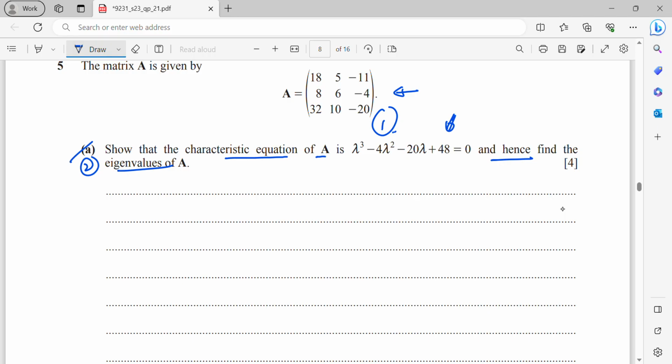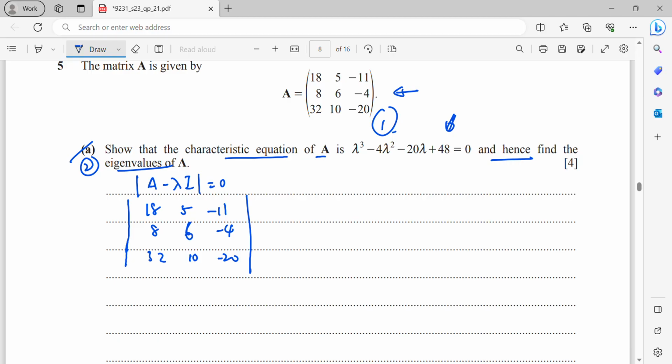Now, to get the characteristic equation, we will start with the determinant of A minus lambda I equals 0. So now this is basically the matrix with rows 18, 5, minus 11; 8, 6, minus 4; 32, 10, minus 20.